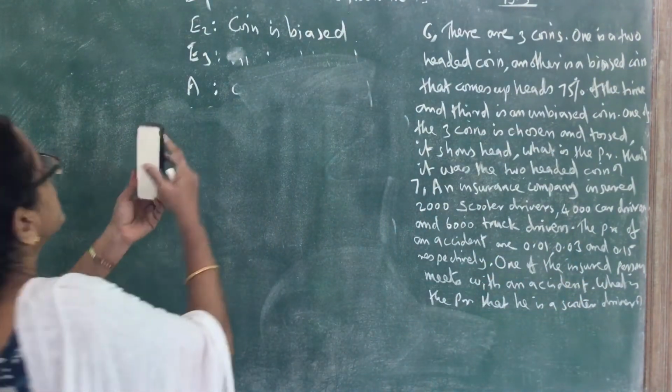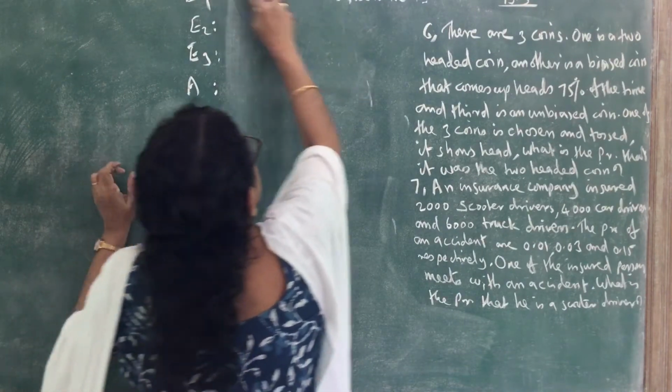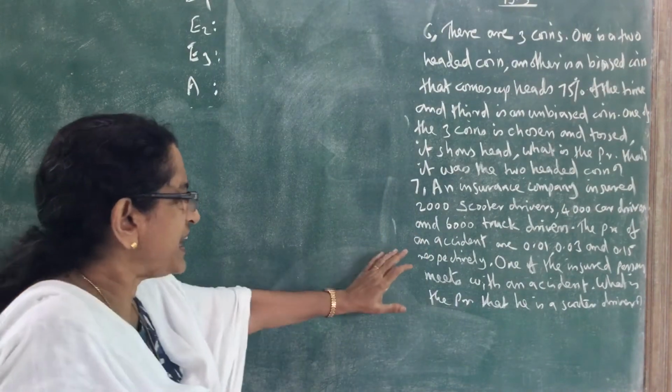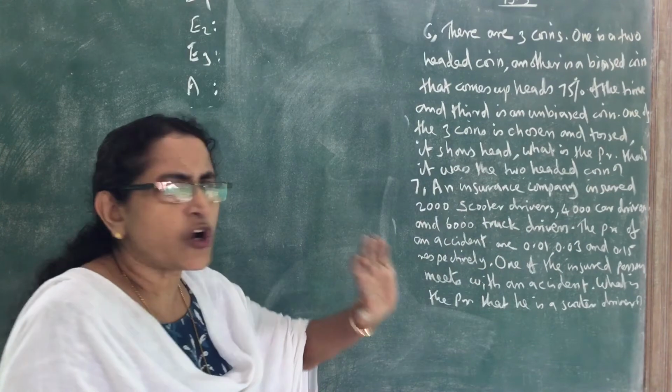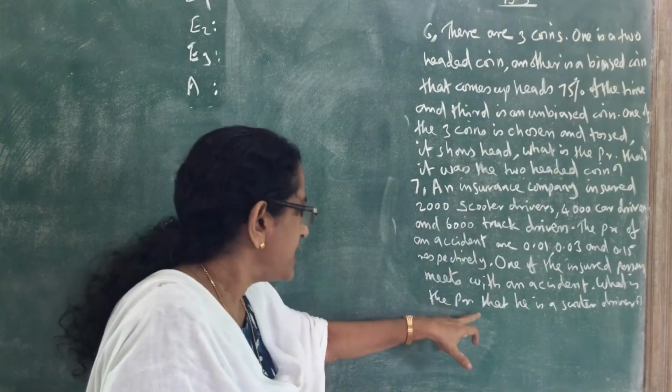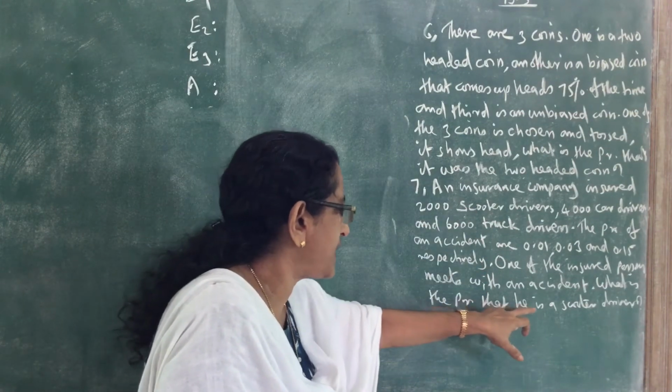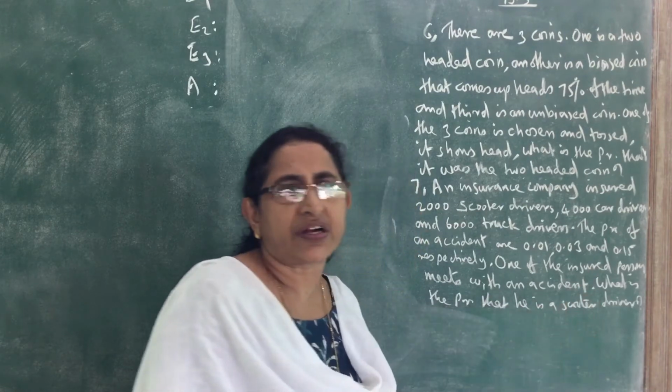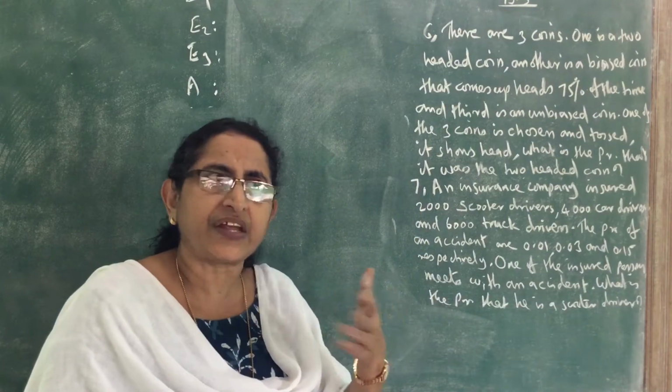So what is E1? E1 means the insured person is a scooter driver. E1, E2, anyone we can take.